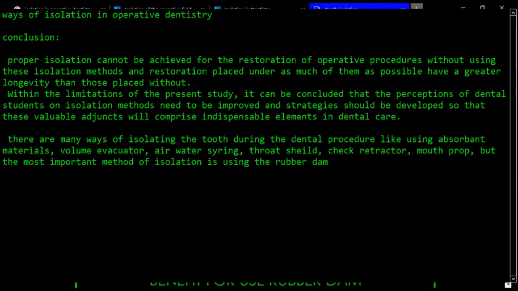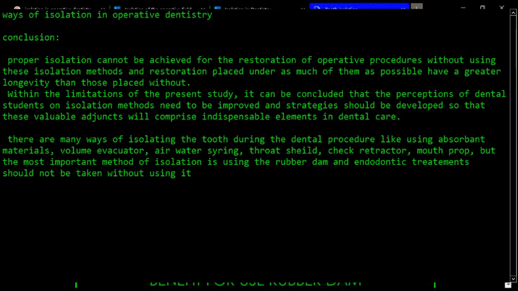Let's try this: using rubber dam, endodontic treatments should not be taken without using it.